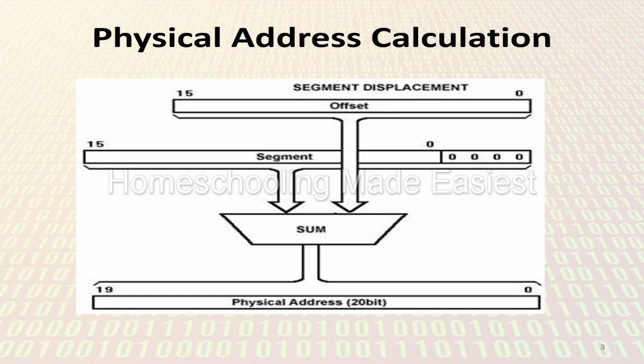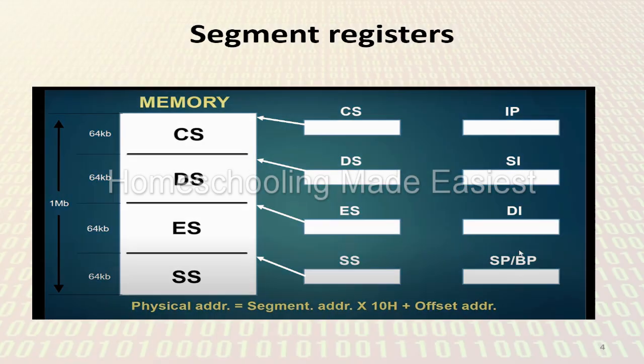Okay, so just to recap, there are 4 segments inside the memory: the code segment where instructions reside, the data segment where operands or data reside, the extra segment where user-defined data or operands reside, and the stack segment where programs reside. So we have to know in which of these memory segments our item resides.